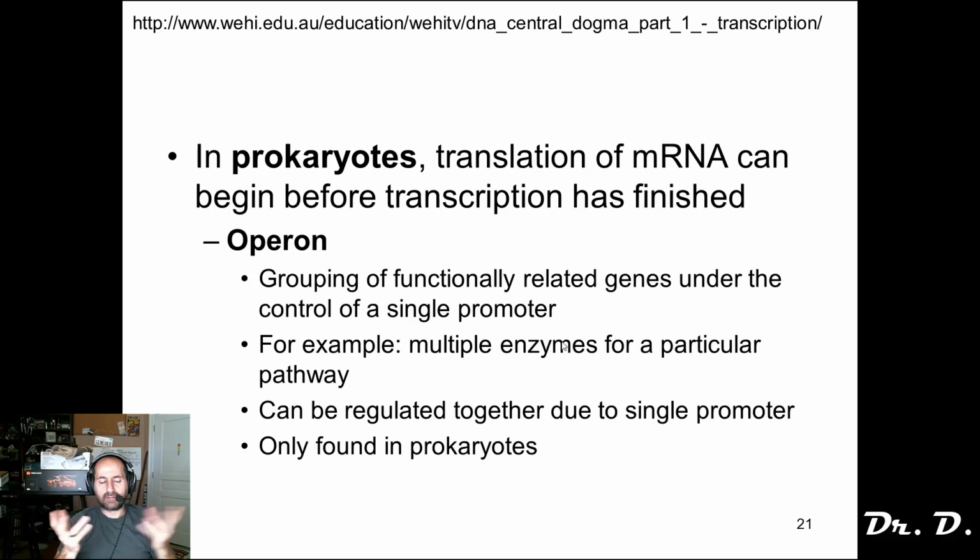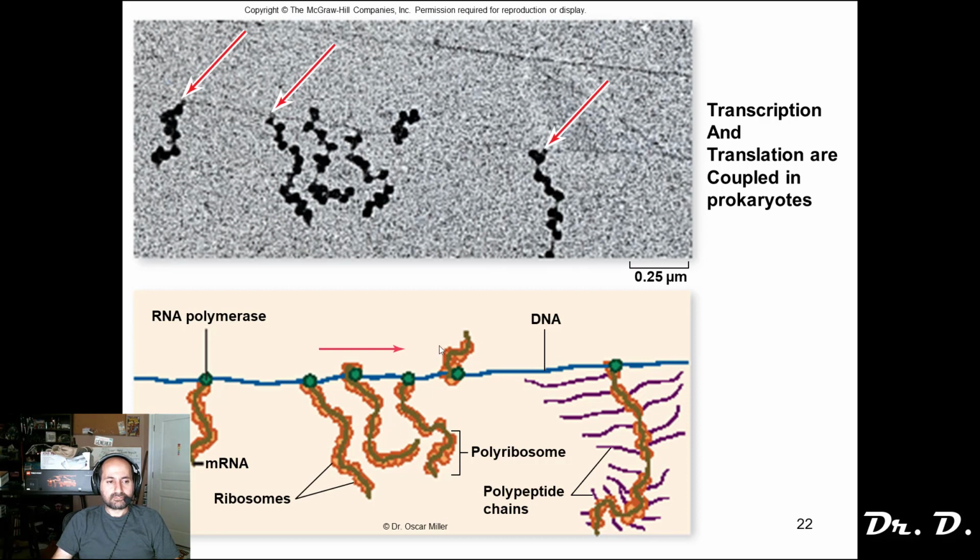That would be called the lac operon. All you need to know is that eukaryotes do not have operons. In eukaryotes, you have one promoter for one gene, okay? But in prokaryotes, you can have operons, which means one promoter, several genes. And that's essentially what I'm trying to get at.